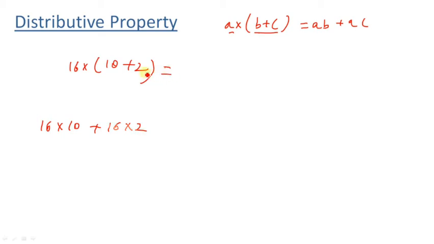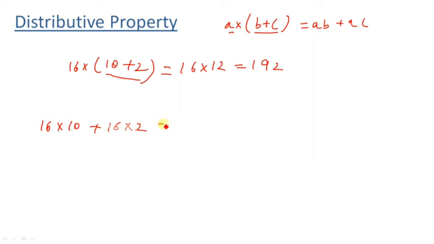Now 16 into (10 plus 2): within the bracket there is 10 plus 2, so this will be done first. 10 plus 2 is 12. 16 into 12. Now what is the result of 16 into 12? It will be 192. So here the result became 192.